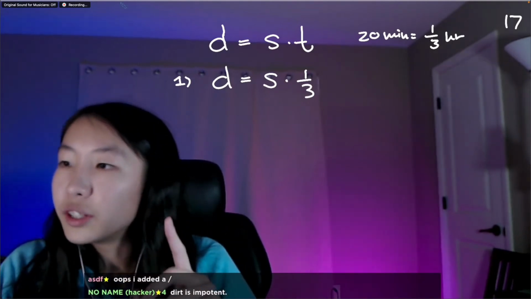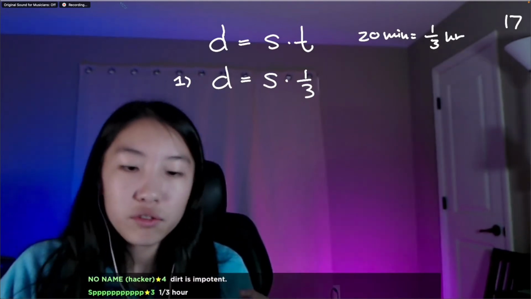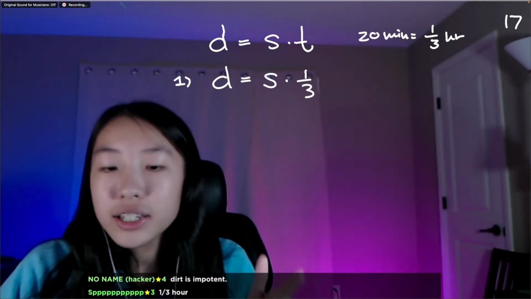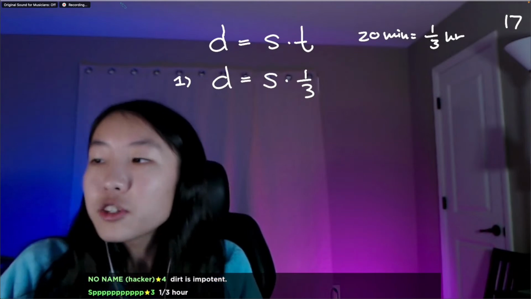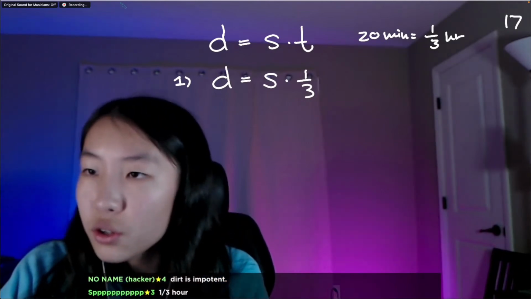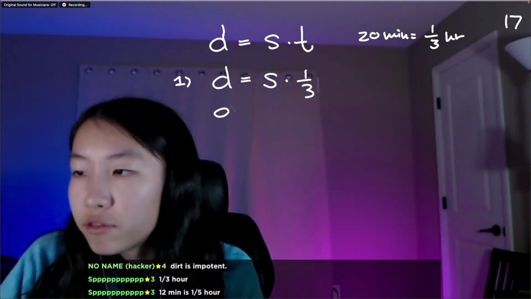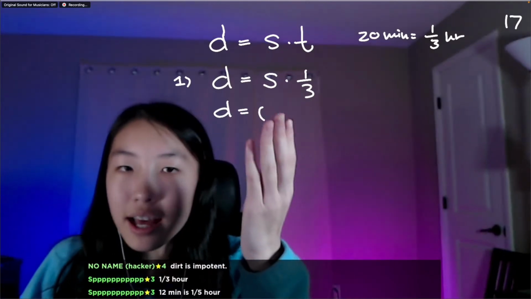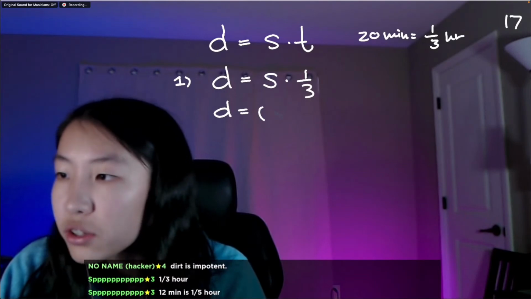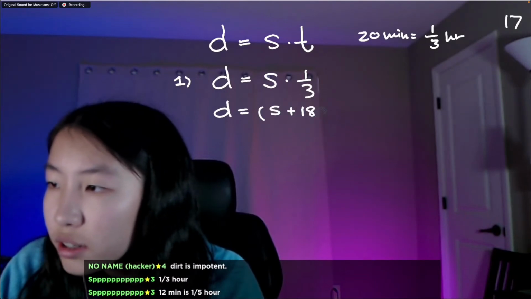Our second scenario is when there's no traffic. So his father is able to drive 18 miles per hour faster, and that means he gets to school in 12 minutes. So 18 miles per hour faster means that we're increasing our speed, s, by 18 miles per hour. So that's going to be s plus 18.